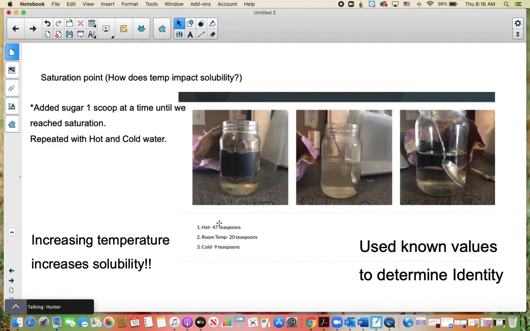And you see the results there. This person got up to 47 teaspoons in the hot solution, only 9 in the cold. So as you increase temperature, you increase solubility. We talked a little bit about how we could use this solubility to determine identity of pollutants in our sludge. But I also mentioned that that's one way that pollution gets exacerbated.